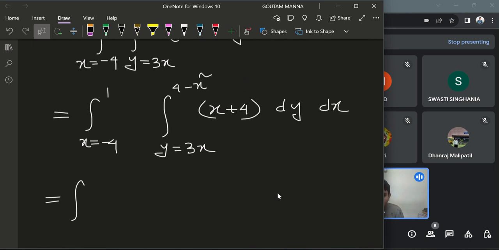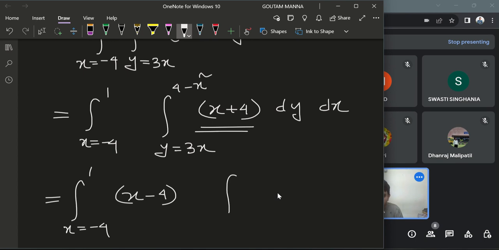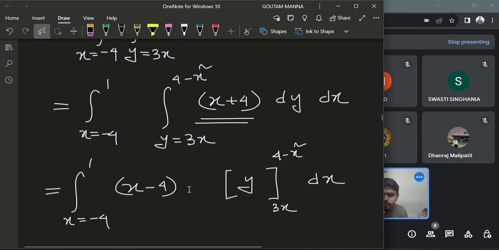Okay, so this is only dependent on x, so you can put it outside while doing the y integration. So it will be x equals minus 4 to 1, x plus 4, and if I do the y integration, it will be just the integration of dy, that is y, and the y limit is from 3x to 4 minus x square times dx.